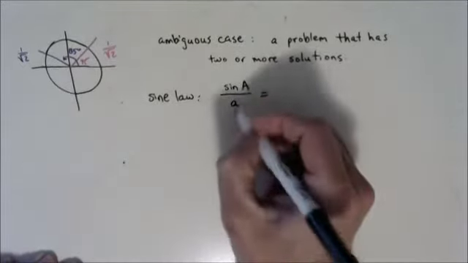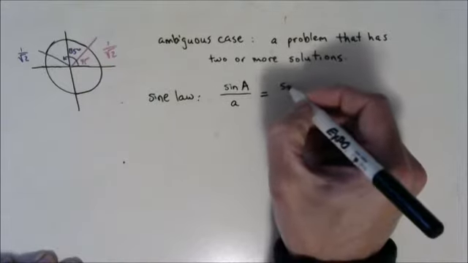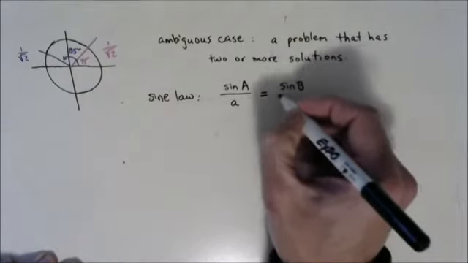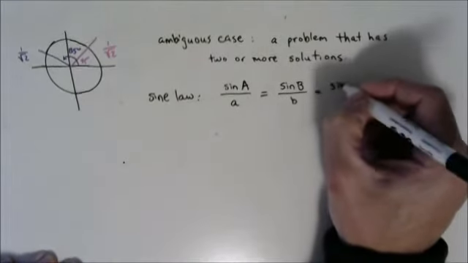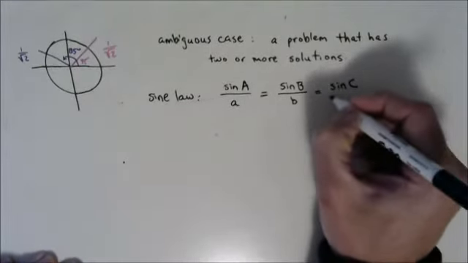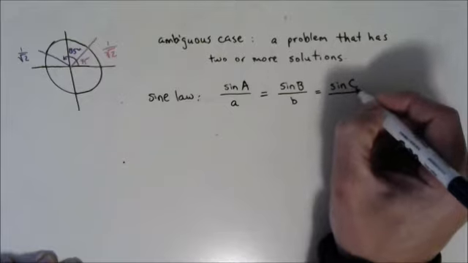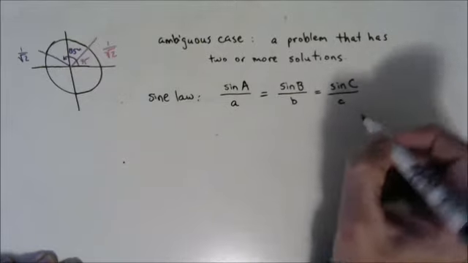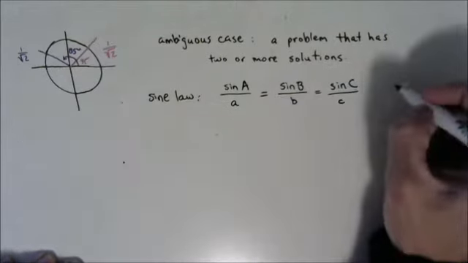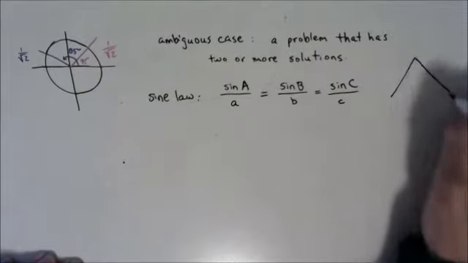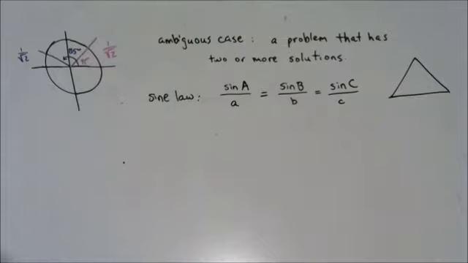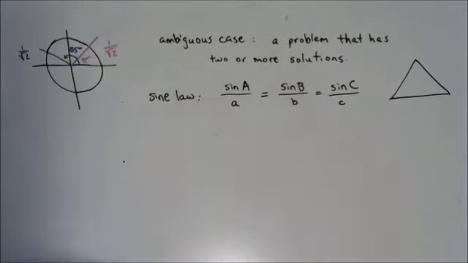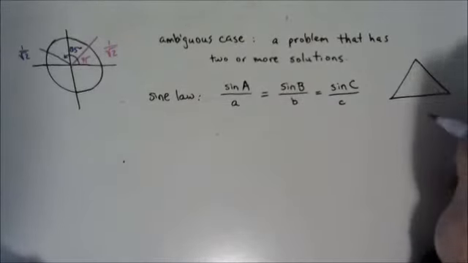And that ratio is equal to the sine of angle B over the length of side b, which is also equal to the sine of angle C over the length of side c. If I just did a quick sketch here, that triangle looks too equilateral, but that's okay.